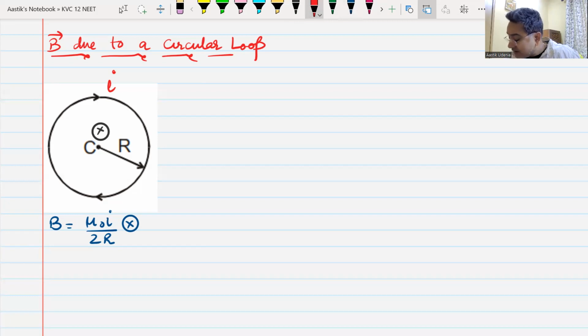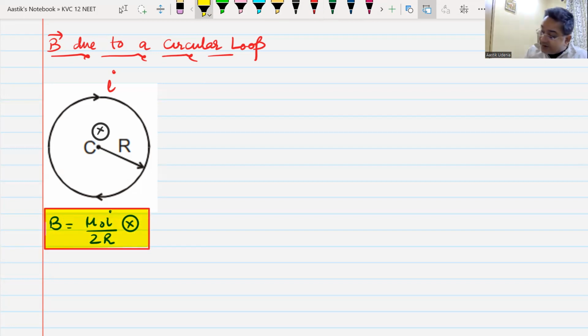This is the formula that you will have to remember for a circular loop. Do we understand this? Mu naught I by 2R. That is the formula for magnetic field due to a current carrying circular loop.